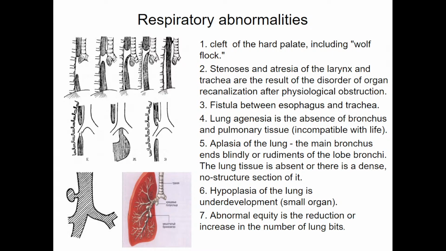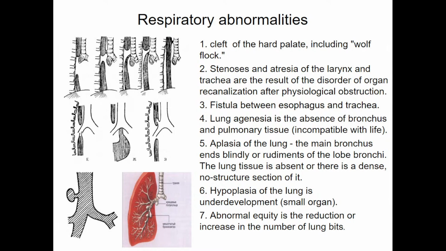Lung agenesis is the absence of bronchus and pulmonary tissue, incompatible with life. Aplasia of the lung: the main bronchus ends blindly or with rudiments of the lower bronchi.